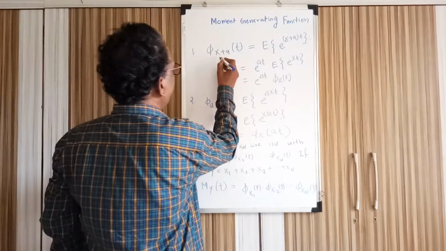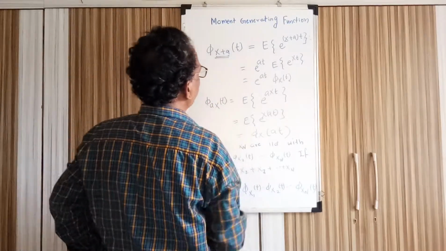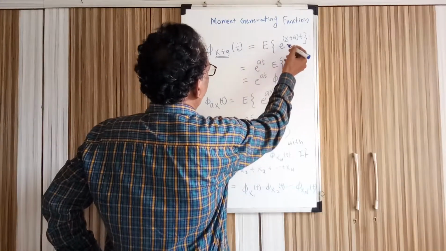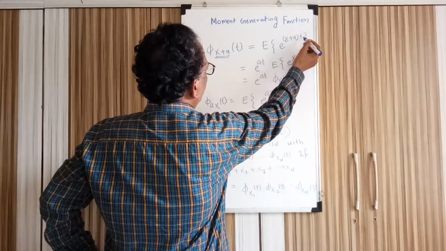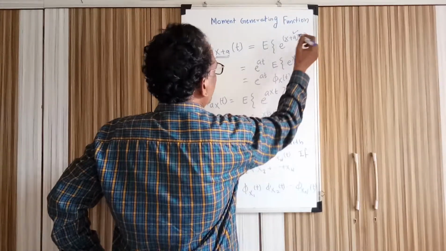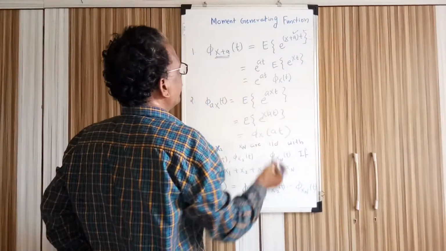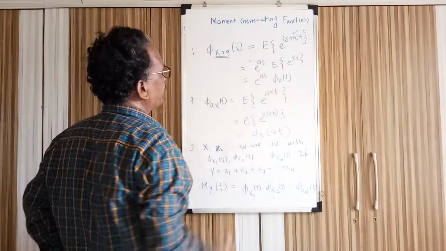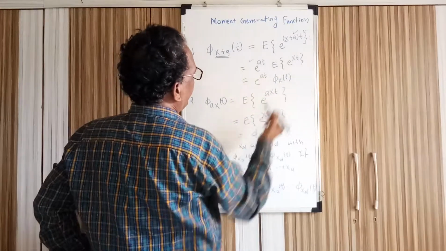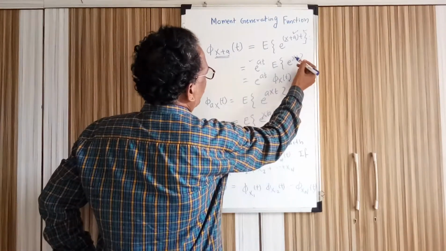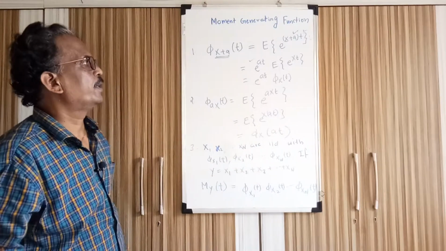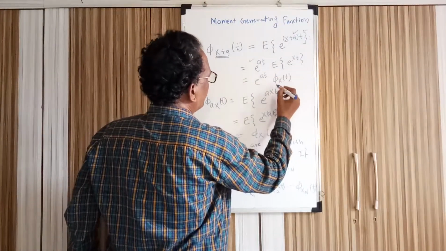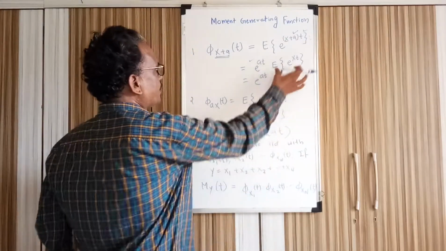If I replace x by x plus a, then the moment generating function is the expected value of e to the power (x plus a) times t. Since a is a constant and t is deterministic, e to the power at can be taken out because both are non-random quantities, and what remains is the expected value of e to the power xt. Since x is random, by definition this is phi x of t.